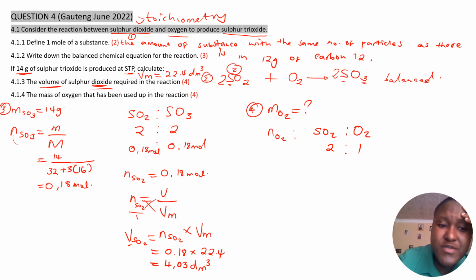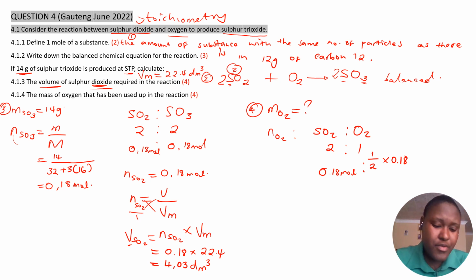The number of moles of SO2 is 0.18 mole, and this will be 1 over 2 multiplied by 0.18, because in order to get the number of moles of oxygen, if you have the number of moles of sulfur dioxide, you're going to say the coefficient of oxygen divided by the coefficient of sulfur dioxide multiplied by the number of moles of sulfur dioxide, and that is 0.18 divided by 2, which is 0.09 mole.